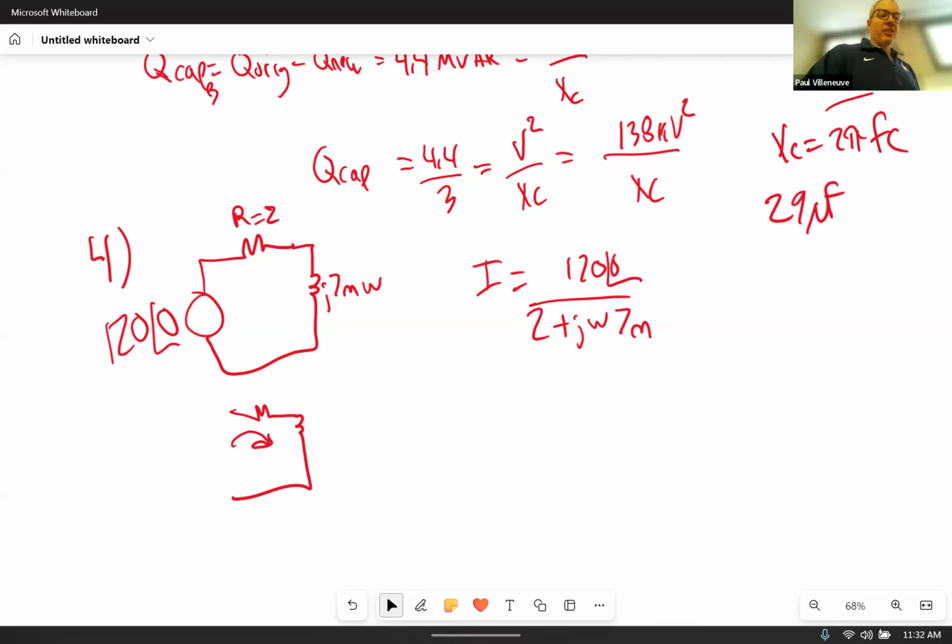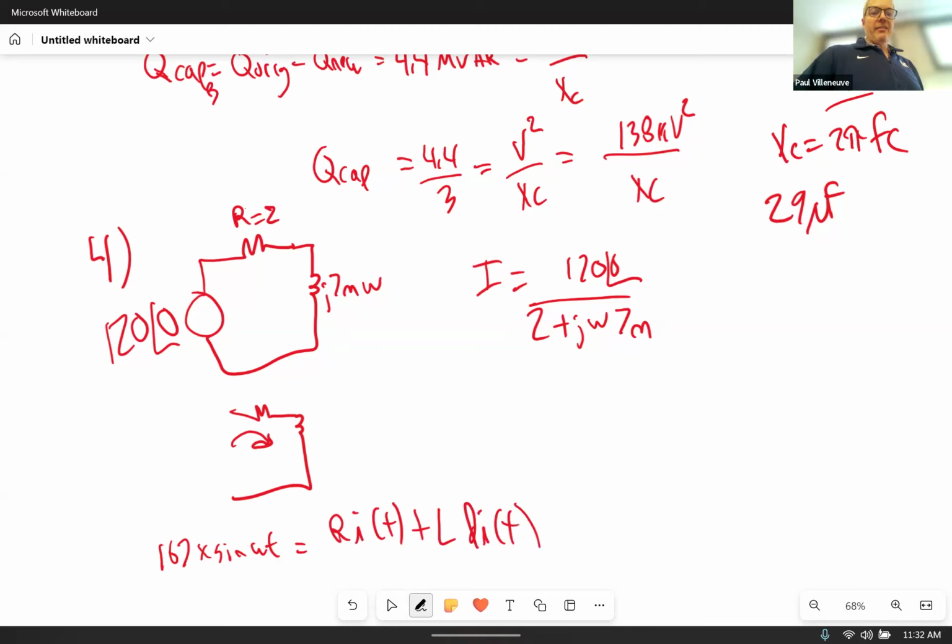So I'd have 167 times the sine of omega t equal to R times i(t) plus L di/dt. Those are the voltage drops across each of those elements. That's if you want to keep it as an inductor. You can also do everything in the Laplace domain if you want. It doesn't bother me. But this is the time domain representation.